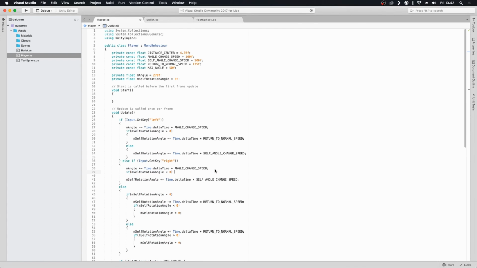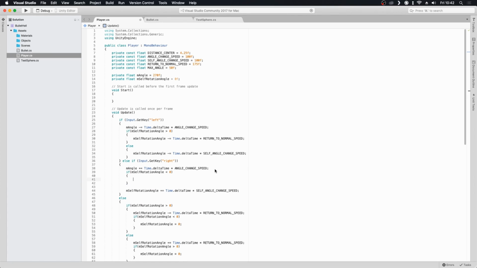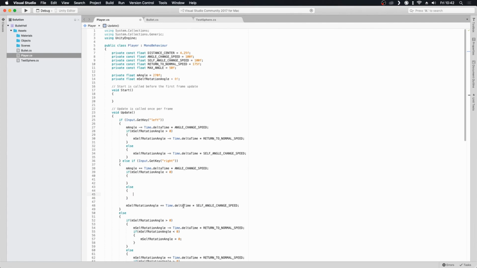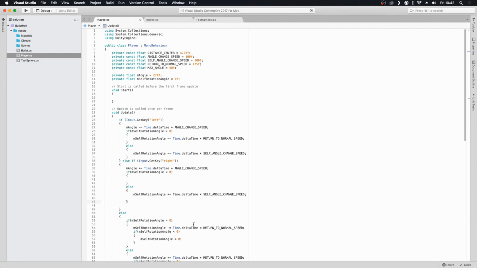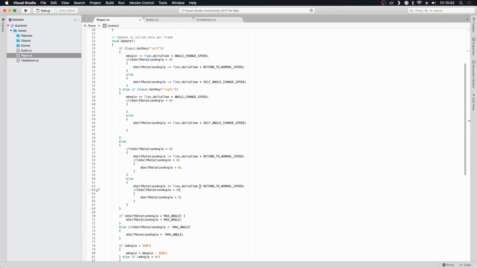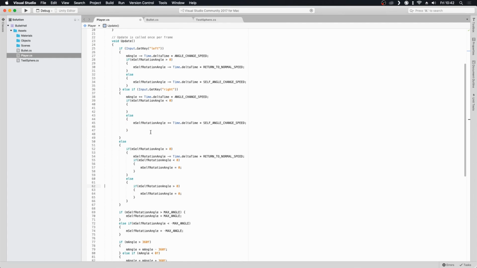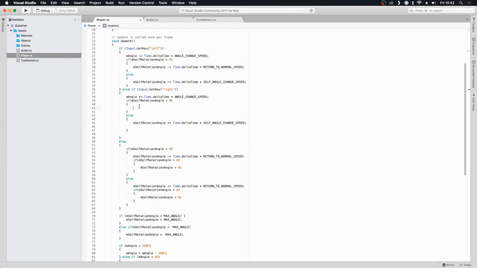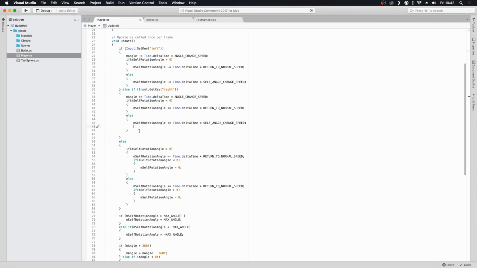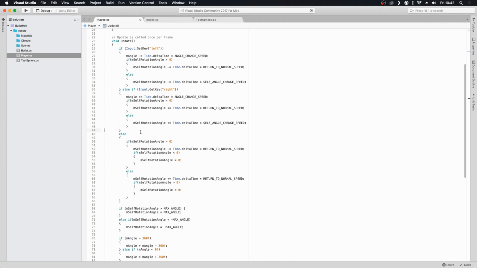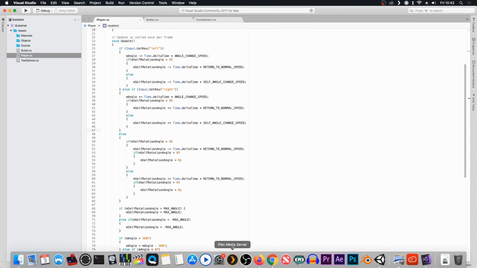So if this is below 0, I'm gonna do that. Okay, this file is getting very messy.